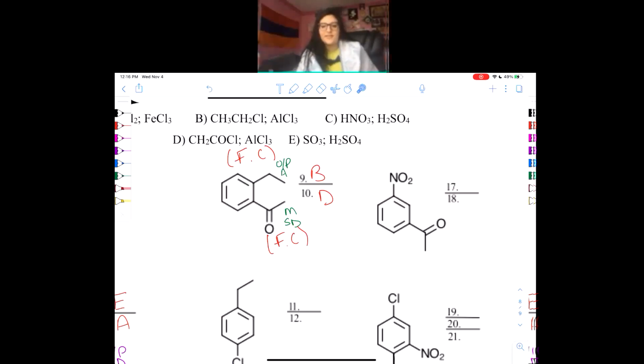A couple people said it, but it was only one or two, so I want a couple more people to respond. So yes, rearrangements is one, and polysubstitution. Cool. Those concepts will for sure be on there one way or another. So alkylation can have rearrangements or polysubstitution.